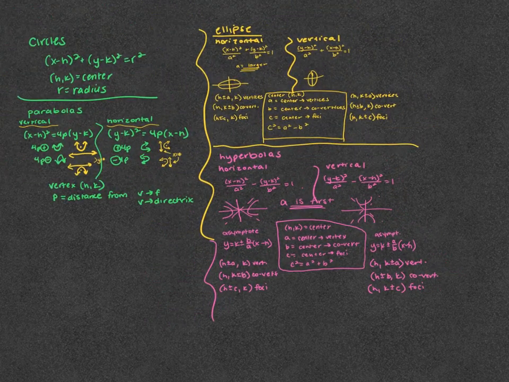And then the last thing we did was identify the type, right? The types of conics. So it's Ax squared and Cy squared. There's obviously going to be other values there. If A equals C, it's a circle.